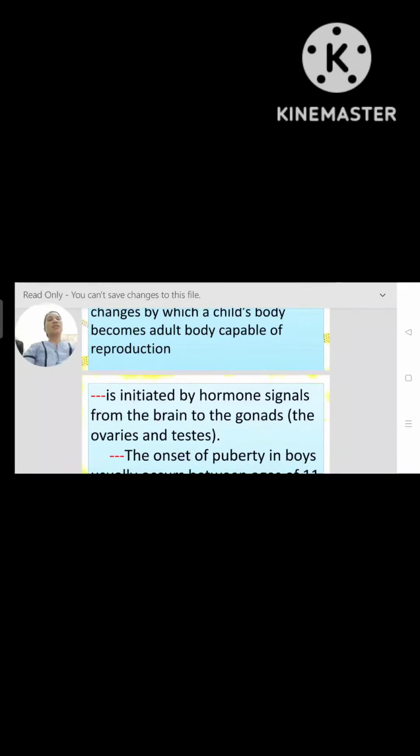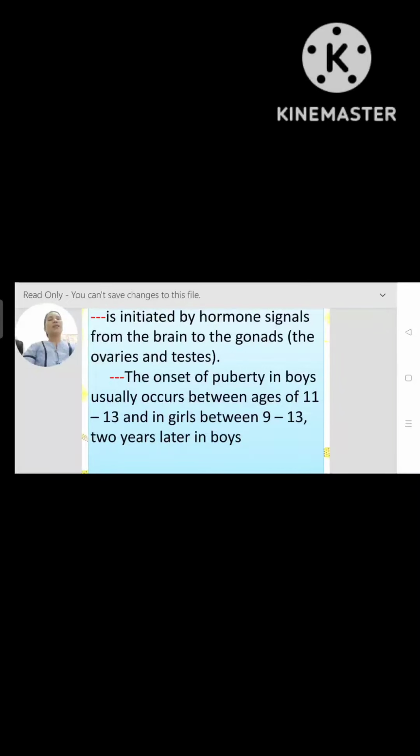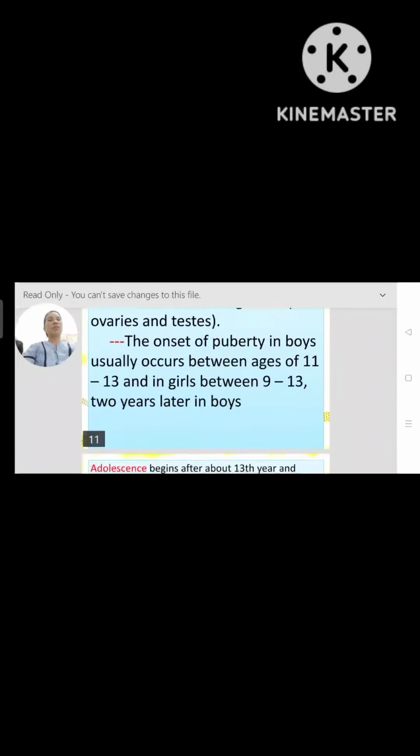It is initiated by hormone signals from the brain to the gonads, the ovaries and testes. The onset of puberty in boys usually occurs between ages of 11 to 13 and in girls between 9 to 13, 2 years later in boys.